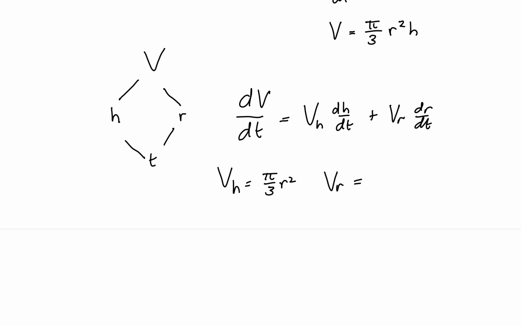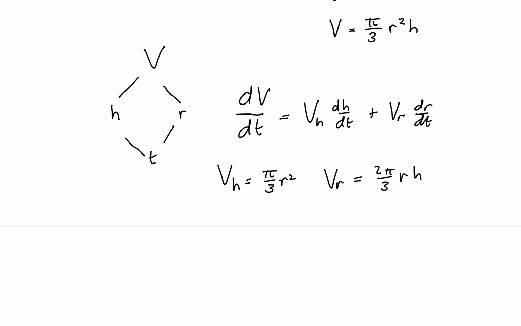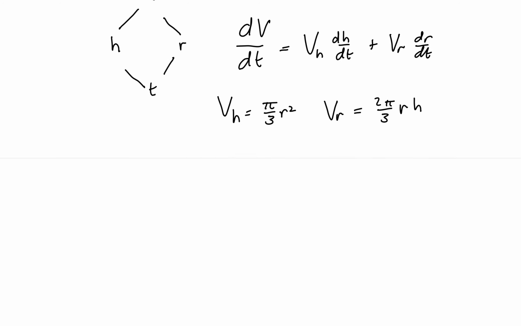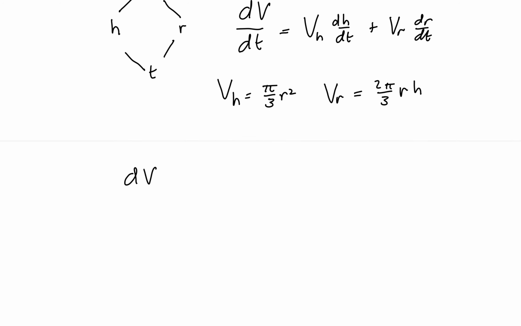V sub r is 2 pi over 3 rh. And then we know that dh/dt is 20. So far I have dV/dt is equal to pi over 3 r squared times 20 plus 2 pi over 3 rh dr/dt. So we have several things we don't know so far.